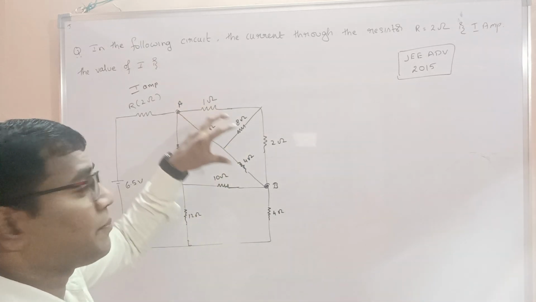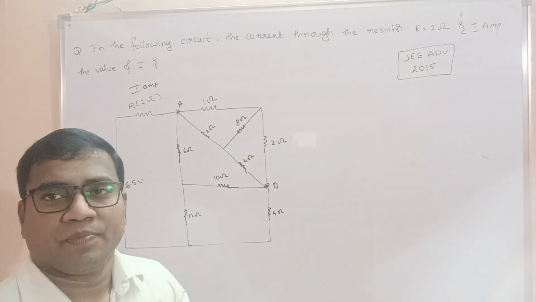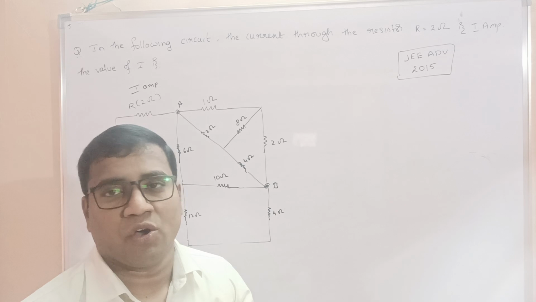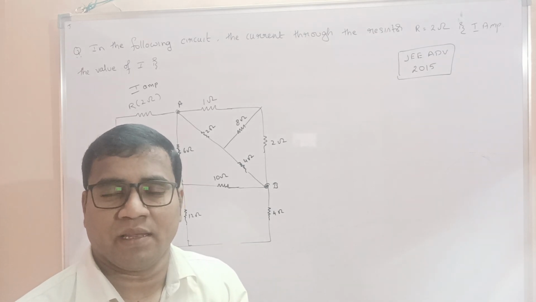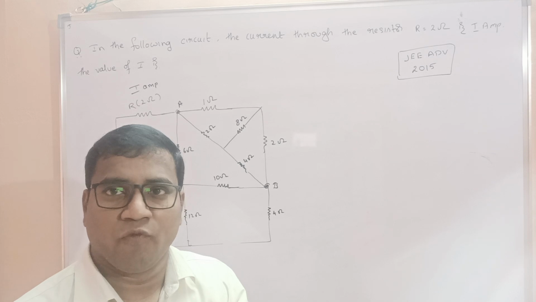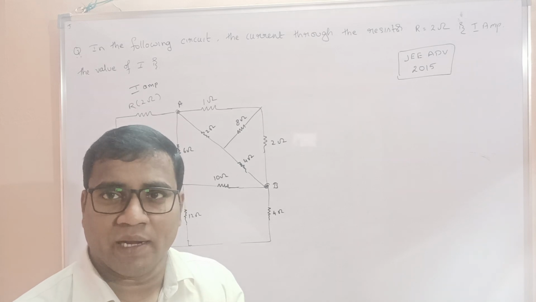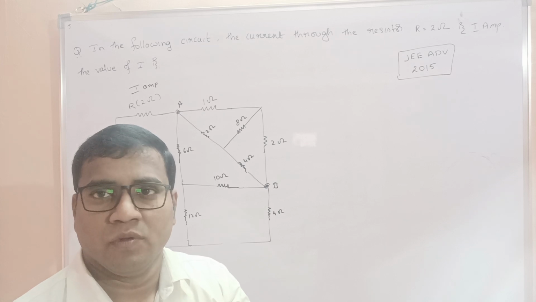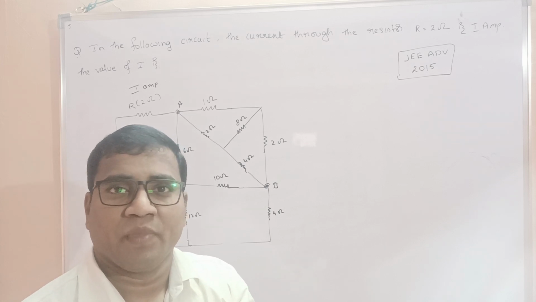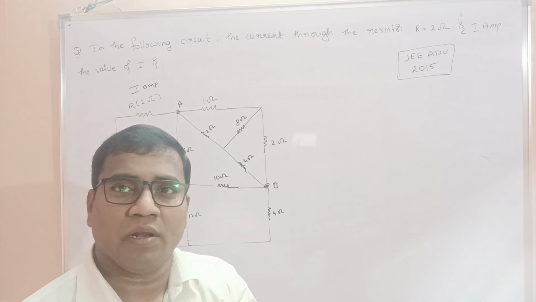That means here we can check whether we can apply Wheatstone bridge or not. Generally, whenever the 5 resistances are there, out of 5, 4 should be like P, Q, R and S, and the other one should be the bridge between the two. So next we have to check whether the bridge is balanced or not.